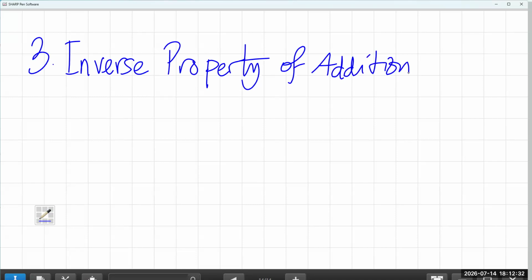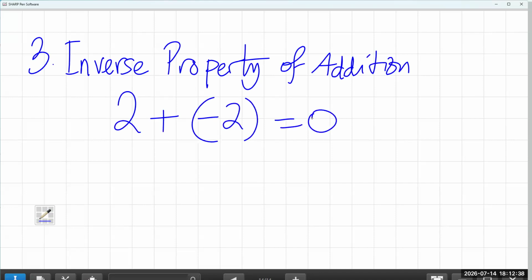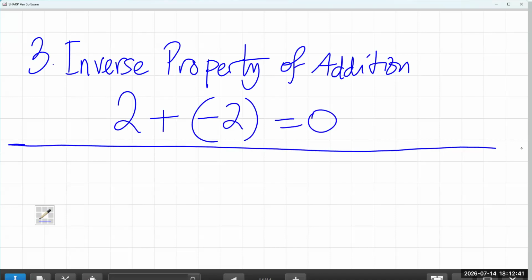So for example, 2 plus -2 is equal to 0. I can write this down as a plus -a is equal to 0. That's also true. Doesn't matter what a is, this will always be true.